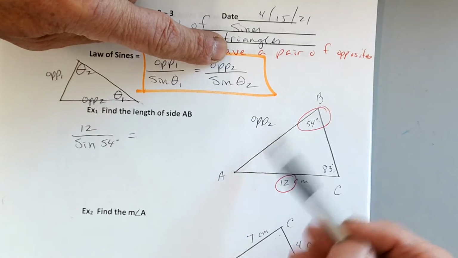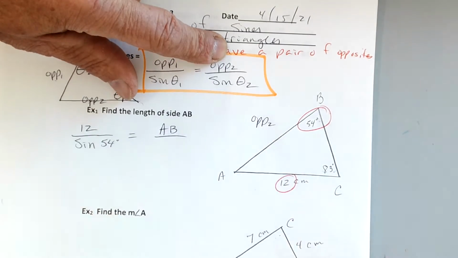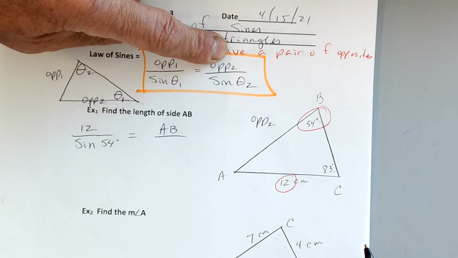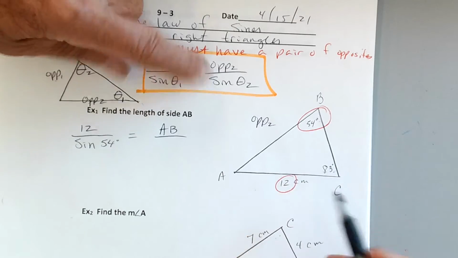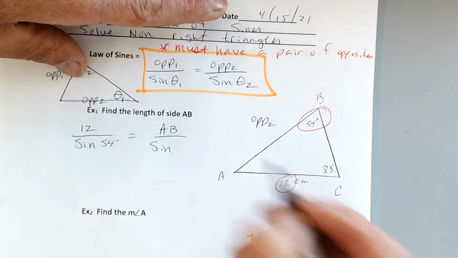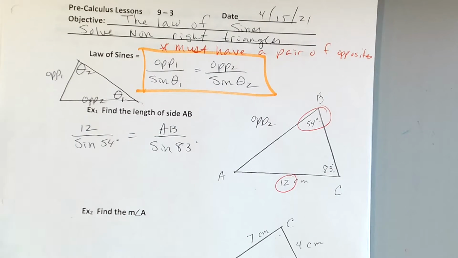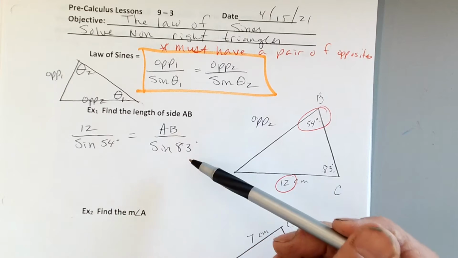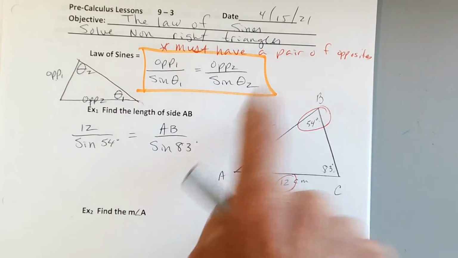We don't know what opposite 2 is. That's our unknown. That's AB. Or you can call it X, or you can call it little c, but I'll call it AB. Opposite 2 over the sine of its angle, over the sine of 83. So it's opposite over the sine of its angle equals opposite side over the sine of its angle.